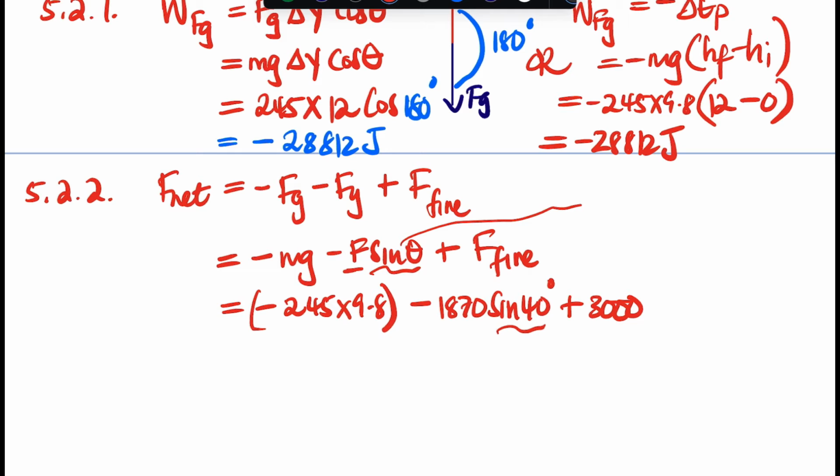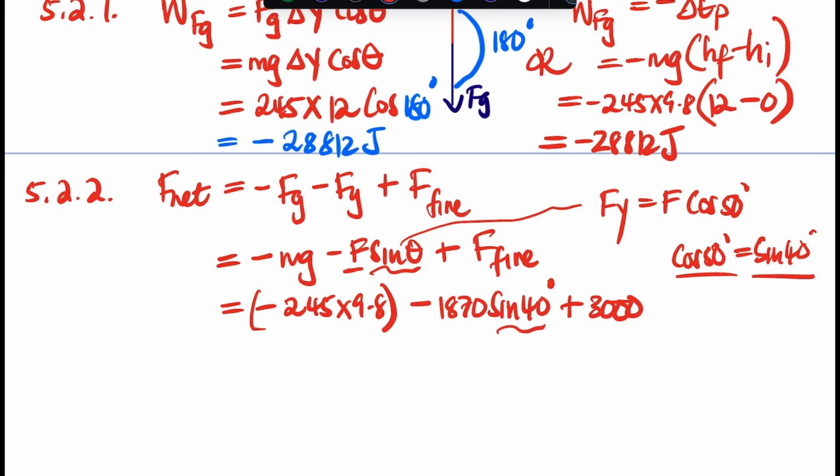Even though you wanted y, you can even say F cos, but you use the 50 that you were given. So in this case, cos 50 and sine 40 are equal, right? So you can use either when you want Fy. So when you punch that in the calculator, you get negative 603.01 newtons.